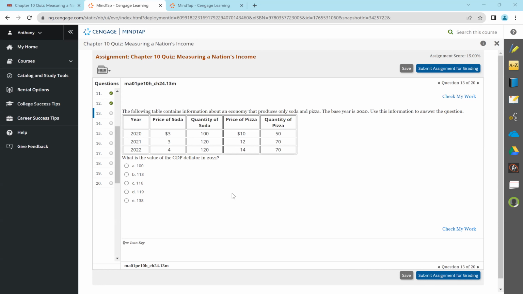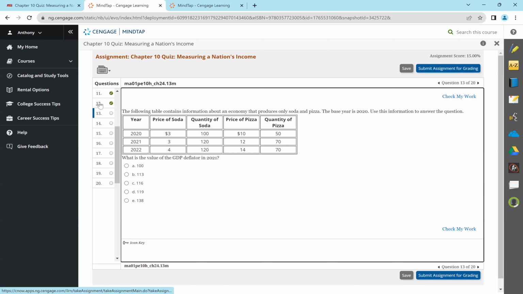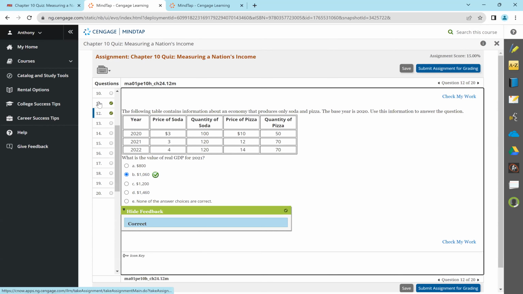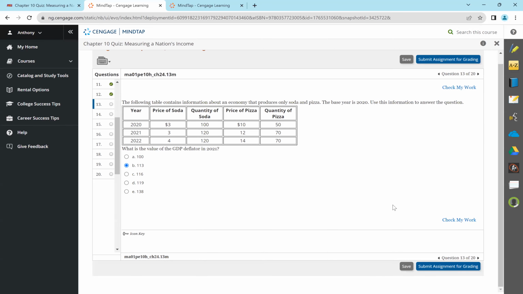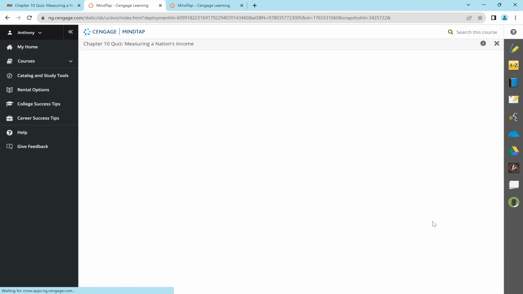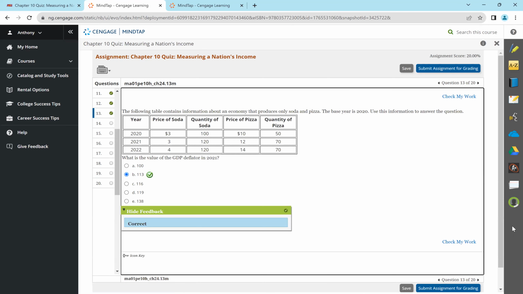So you take the result from 2021, 1200, and divide it by the result from the base year, 2020, which is 1060. 1200 divided by 1060, and you end up getting 1.13. They multiply by 100 to get 113. Okay, cool.